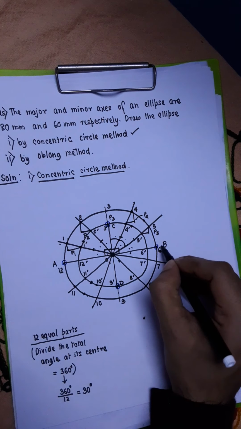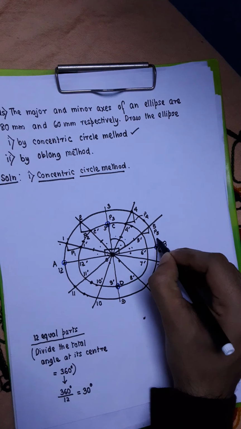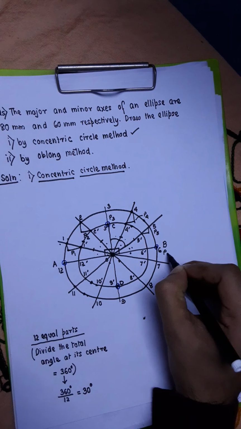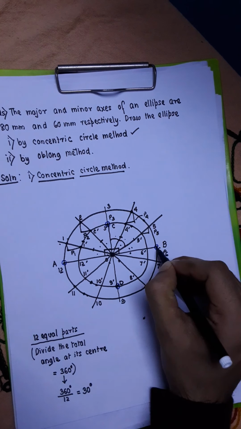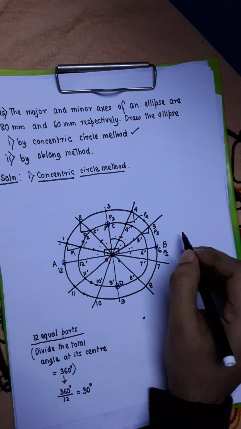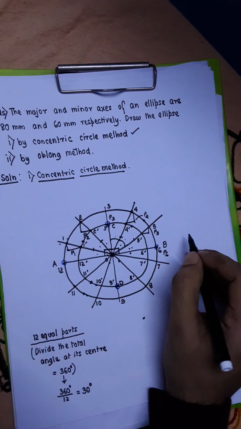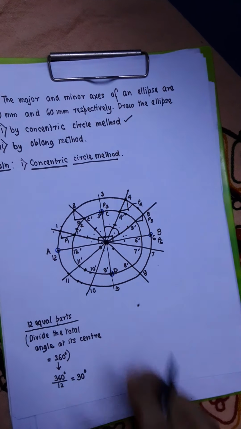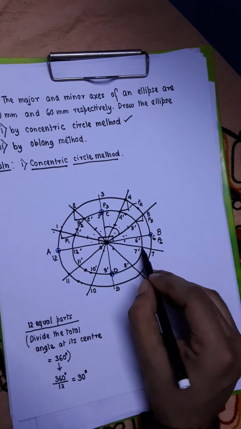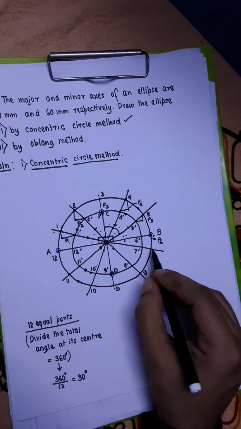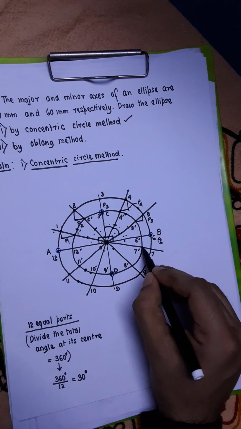What is P6? The point B itself is your P6 because it is one of the ends of the major axis. So point B will lie on the ellipse and point B is your P6. How will you obtain P7? By doing the necessary construction, by taking the reference points 7 and 7 dashed. 7 dashed is a point on the minor axis circle.